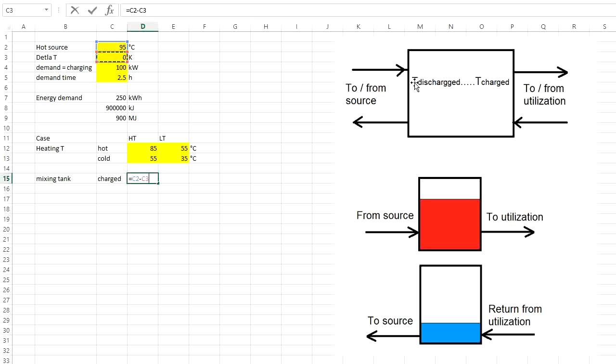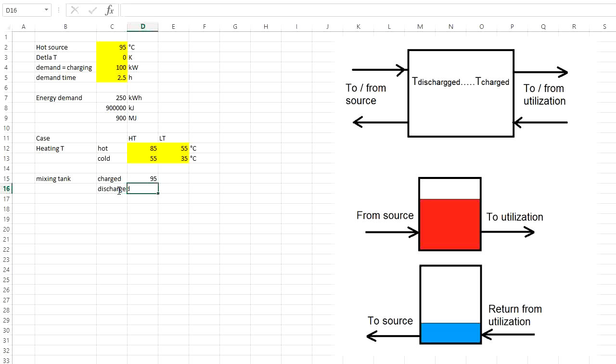Here in the simplified system scheme over here, the heat source fluid goes directly into the tank, so there would be no temperature difference like this, but we will see what would happen later on if it was there.